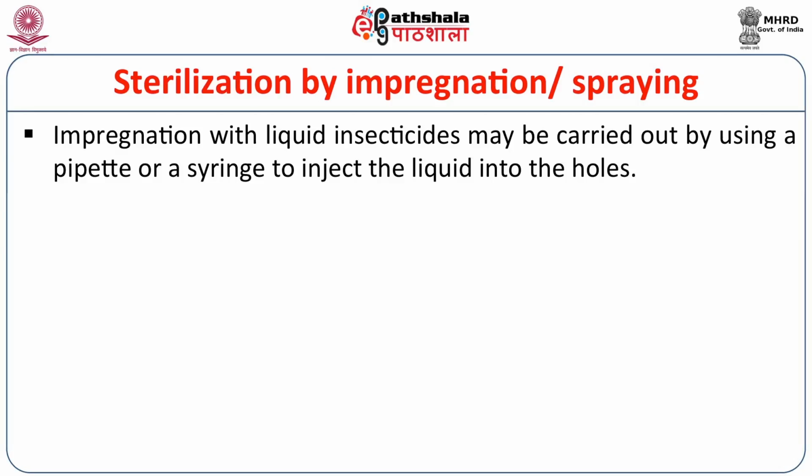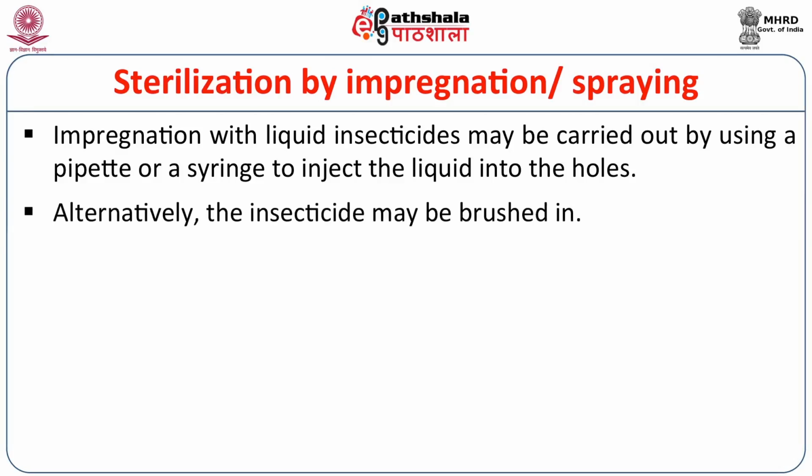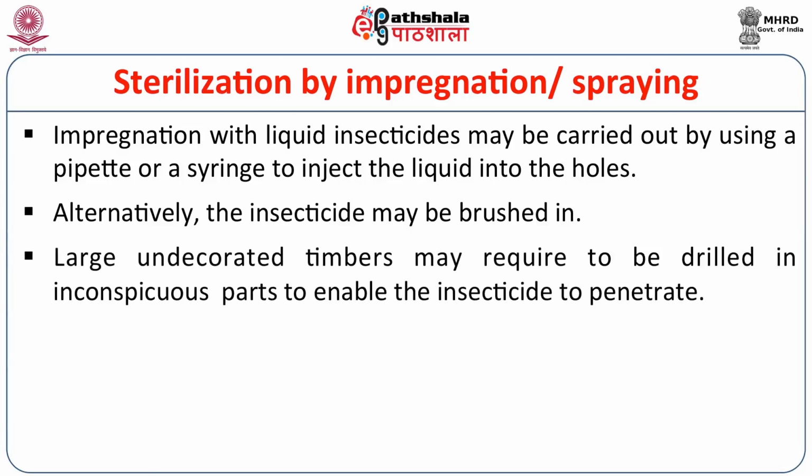Impregnation with liquid insecticides may be carried out by using a pipette or a syringe to inject the liquid into the holes. Alternatively, the insecticide may be brushed in. In that case, depending on the object and type of damage, the size of the brush will vary.